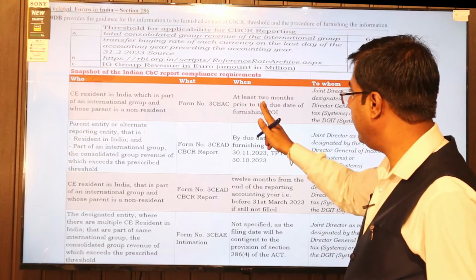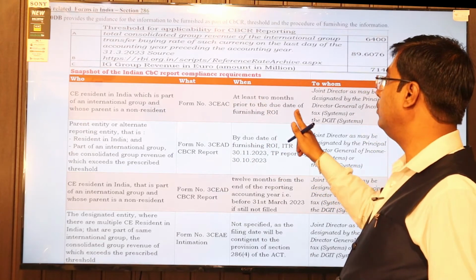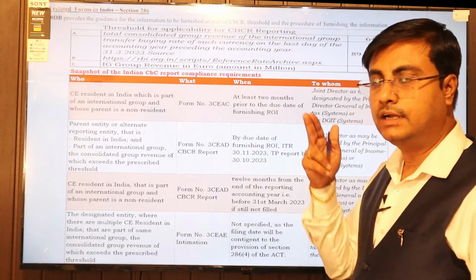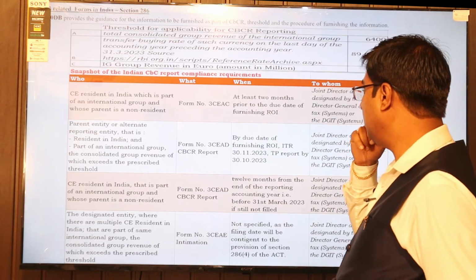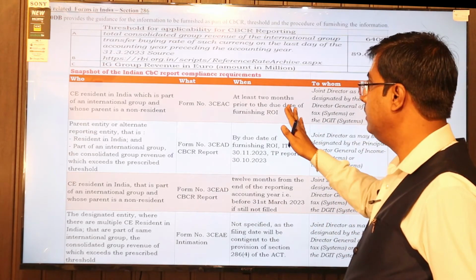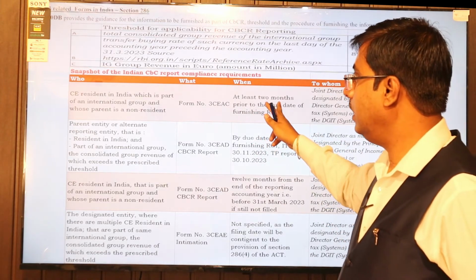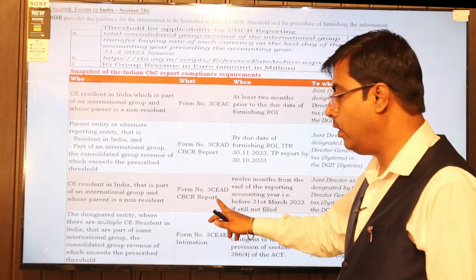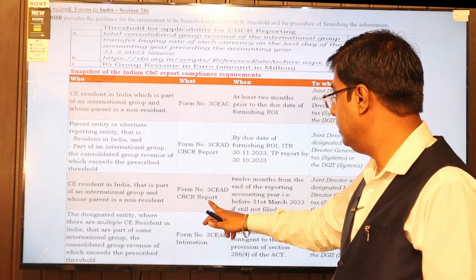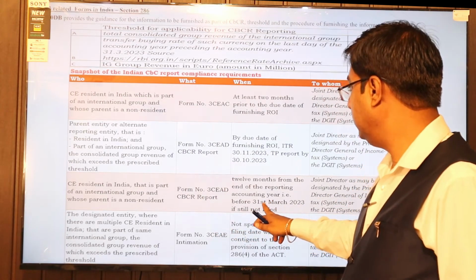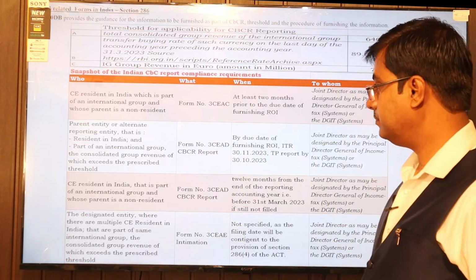3CAC you need to file at least 2 months before the due date, that is 30th November, so 30th September you have to file. Your CBCR will be filed by 31st March.